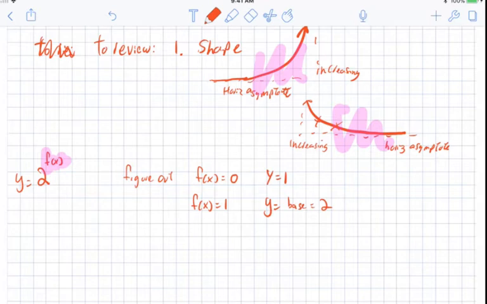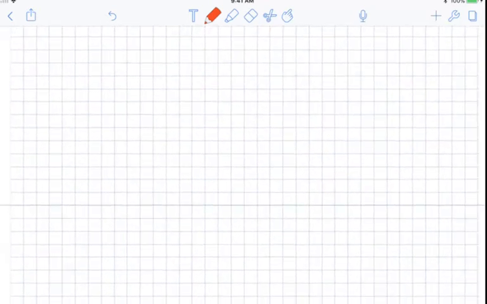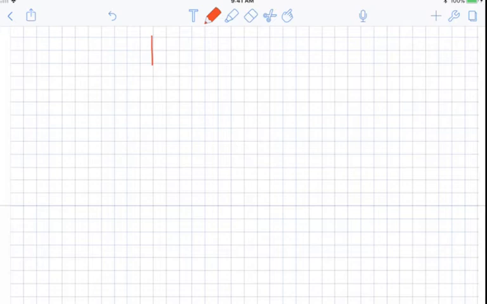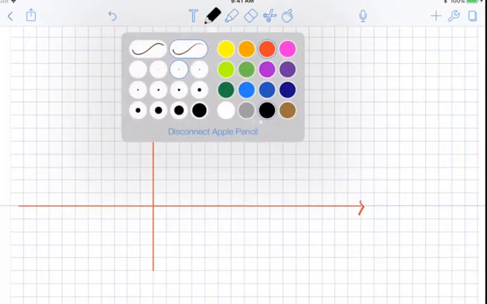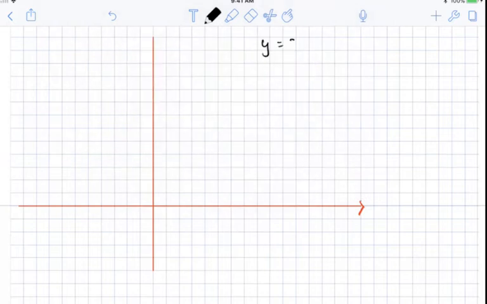Let's try another one. Alright, how about this one? y equals 3 to the 1 minus x.